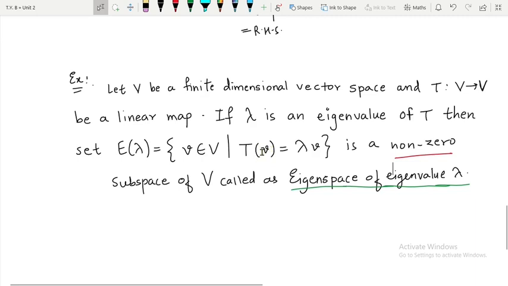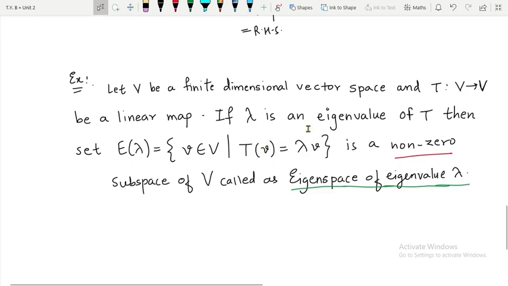Obviously V equal to 0 satisfies this condition. It is very trivial. If you put V equal to 0, T of 0 will be 0 since it is a linear transformation, and lambda multiplied by 0 will be again 0. So obviously 0 always satisfies this property. Therefore we are not interested in the zero vector. We are interested in a non-zero vector, isn't it?